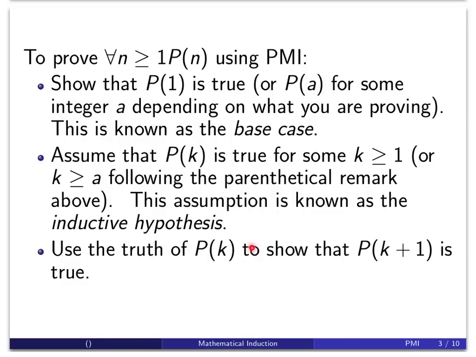Then we're going to use the fact that P of k is true to show that it's true for the next statement. So verbally, what are we doing with our example? We said that the sum of the first k odd integers would be k squared, so we would assume that to be true, and then we'd have to prove that the sum of the first k plus 1 odd integers is k plus 1 squared.